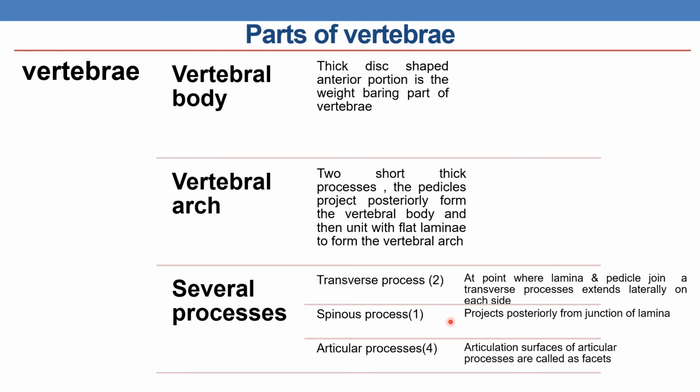It is one, and projects posteriorly from the junction of the laminae. Whereas articular processes are four, two superior and two inferior. Articular processes contain articular surfaces called facets.